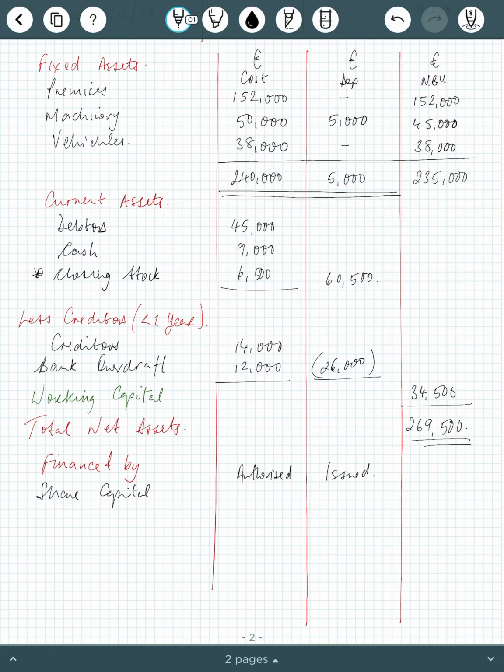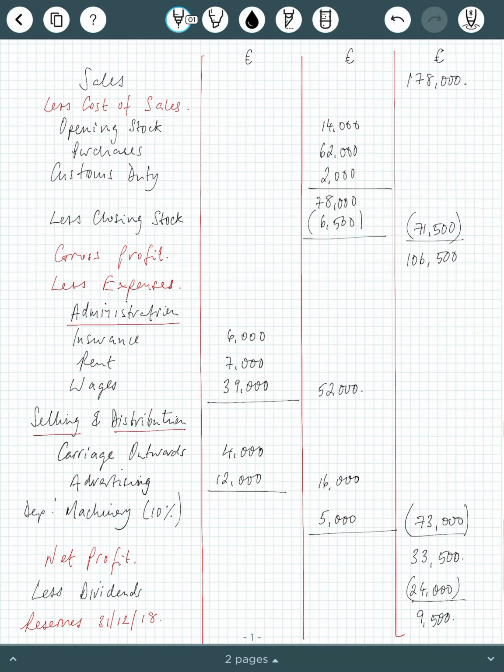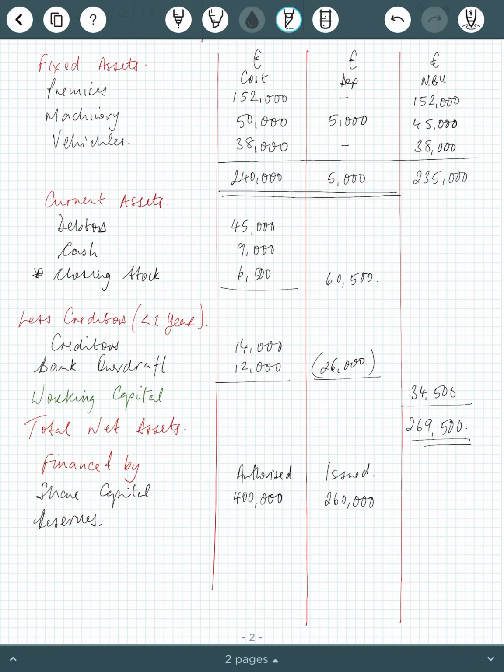Your authorized is given to you at the top of the question, which is 400,000. And your issued is given to you in the last line, 260,000. Then we take into account our reserves, our closing reserves. If we go up, you can see your closing reserves is 9,500. So add that into your issued.